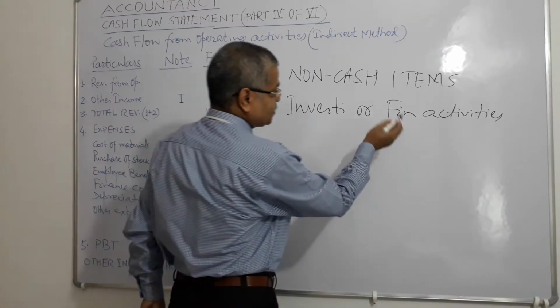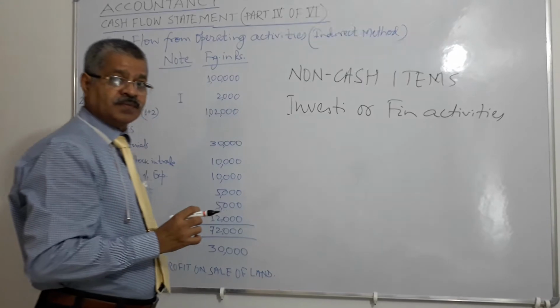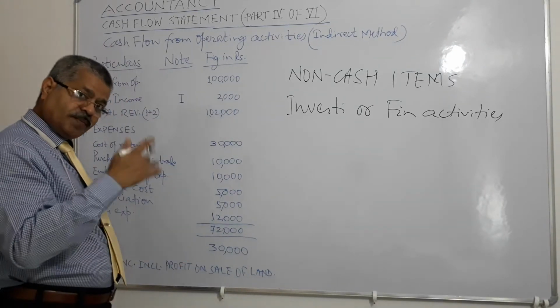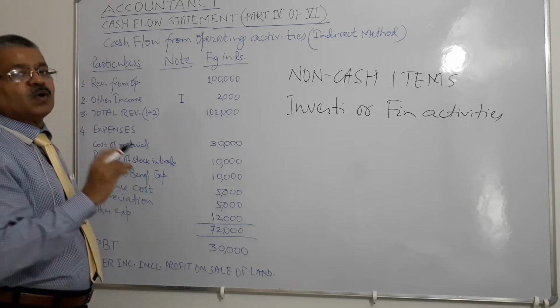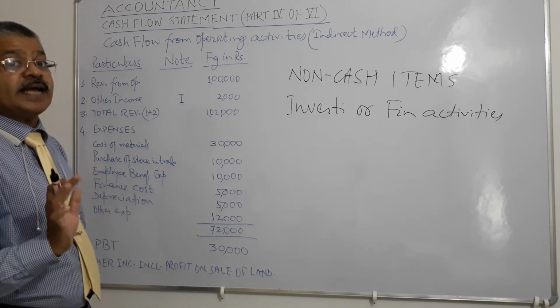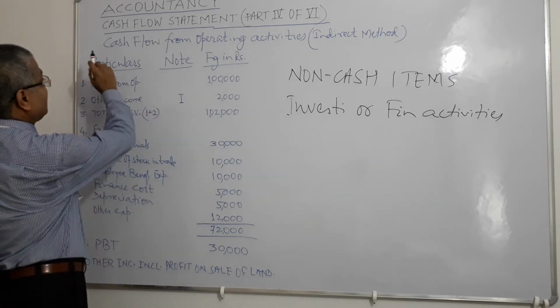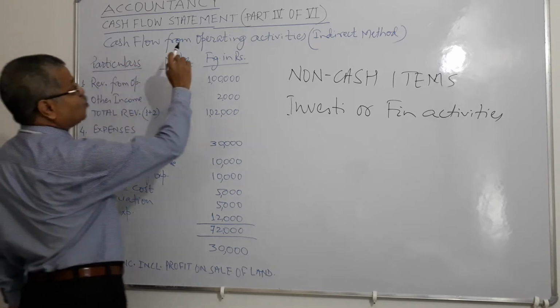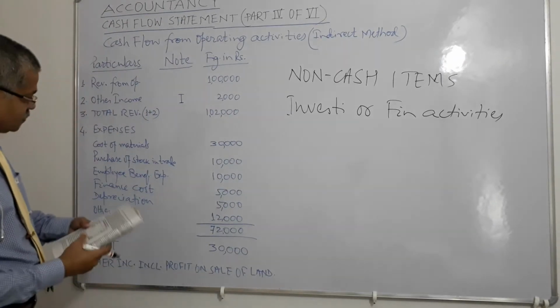And if there is an expense attributable to financing activities, it will need to be added back, right? Because the profit and loss statement is prepared on accrual basis, not on cash basis. But here we need to know cash flow from operating activities, indirect method, right?